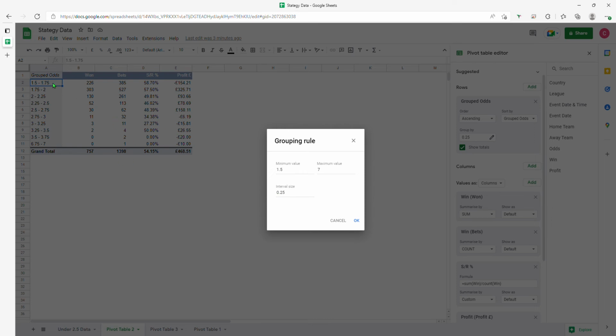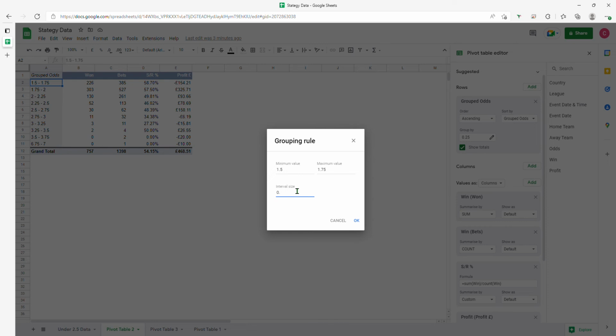So if I wanted to look at the 1.5 to 1.75 section and break that down in more detail, I could set my minimum value at 1.5, set a maximum at 1.75, and then have like 0.5 or 0.2 or 0.1 in between.